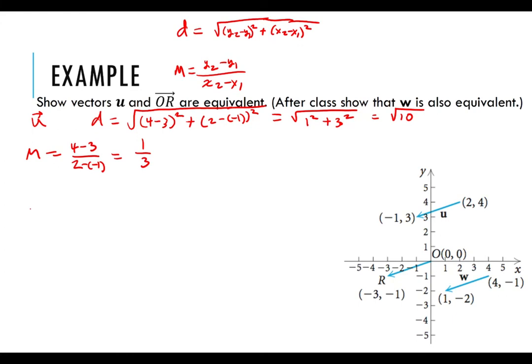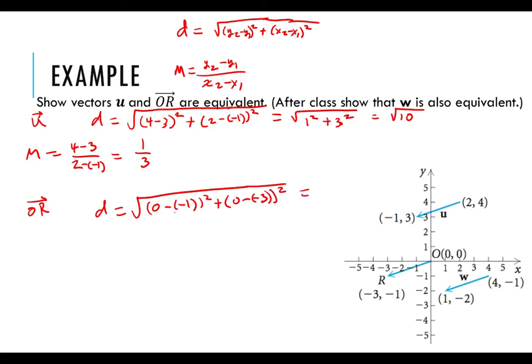Well, now we need to compare that to vector OR. And so vector OR has a length of the square root of 0 minus 1 quantity squared plus 0 minus 3 quantity squared.